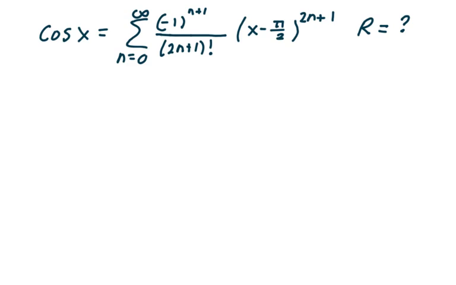So I take negative 1 to the n plus 1, I'm going to divide it by 2n plus 1 factorial, and then multiply by x minus pi over 2 to the 2n plus 1. And I'll let you guys figure out the radius of convergence. And that's why I put r equals, and then what would that be?